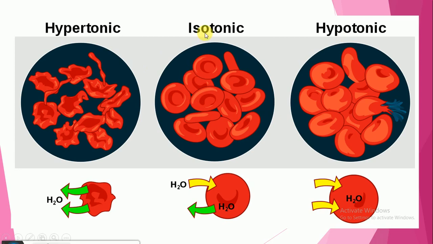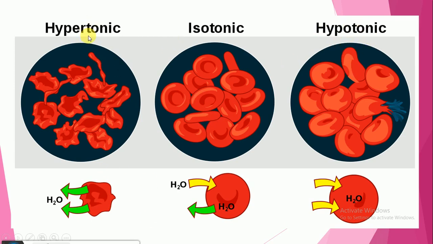Now here in the isotonic solution, look at the RBC. The water molecules influx is equal to the outflux. And look here, in the hypertonic solution the water molecules are lost, and in the hypotonic solution, look at this.